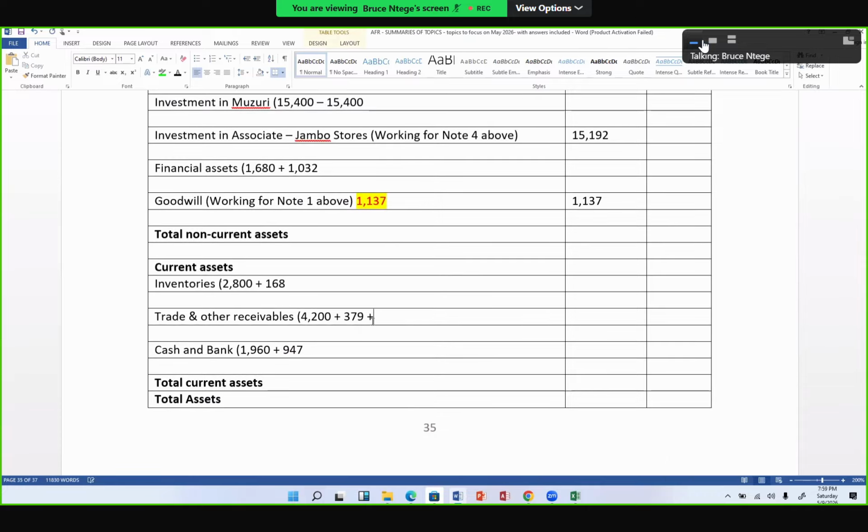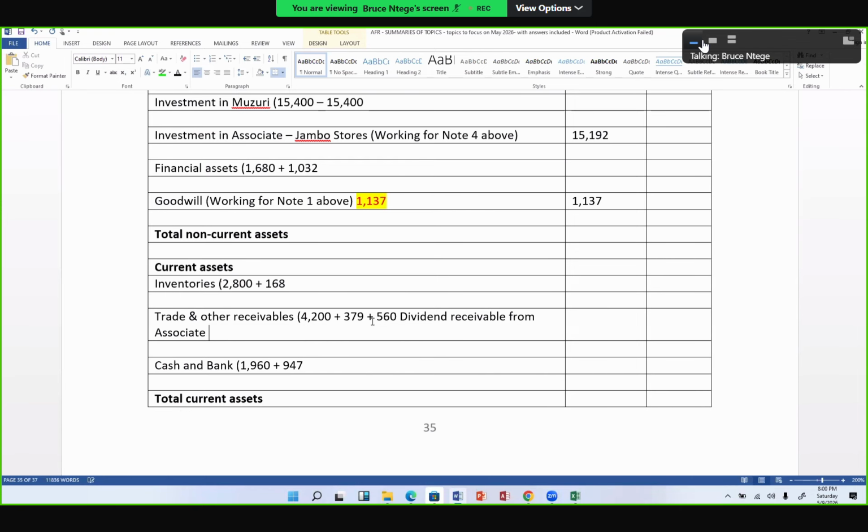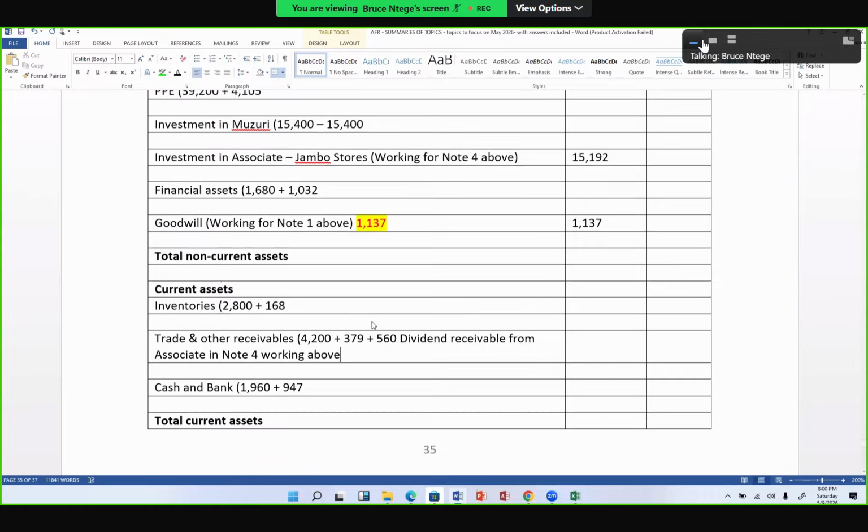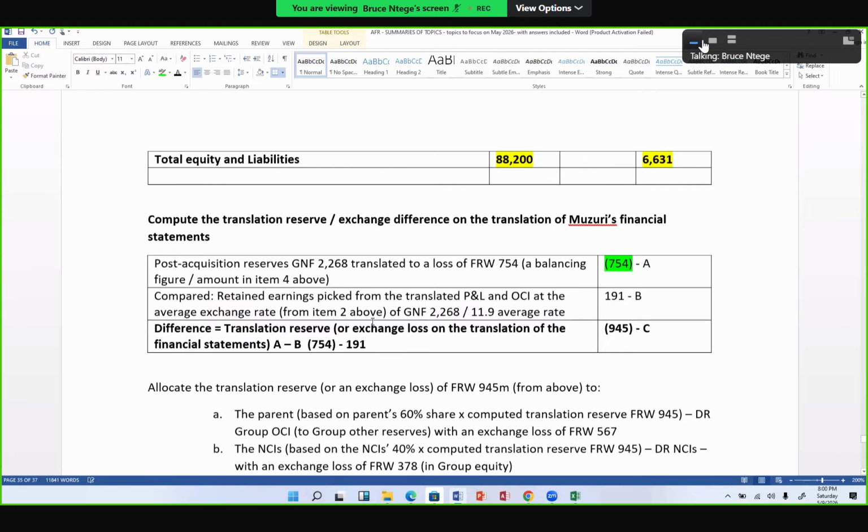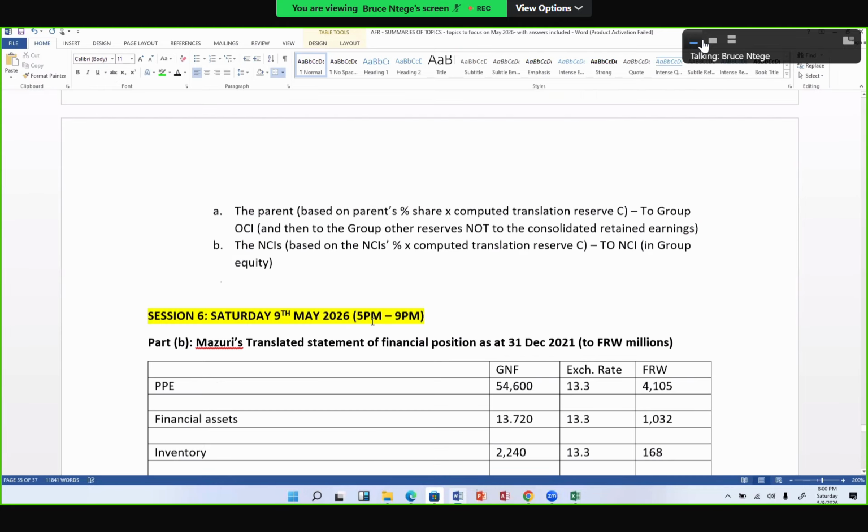I'll come in here to say plus 560, which is the dividend receivable from the associate, which is working 4 above. So you're debiting that line, trade and other receivables. So you see, I'm picking those hanging entries, which I even had highlighted that I'll need to post later.